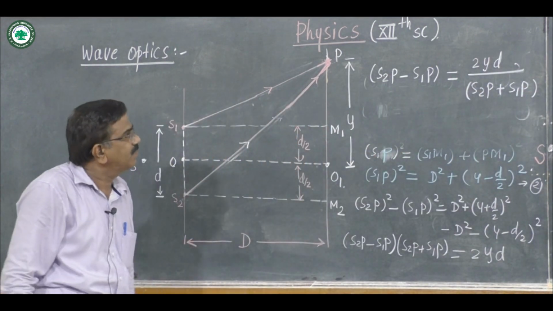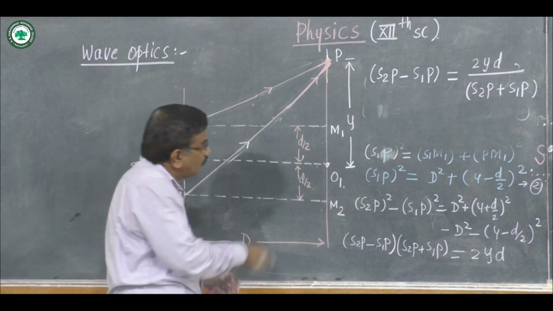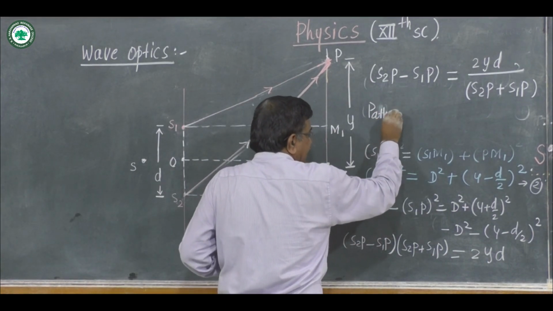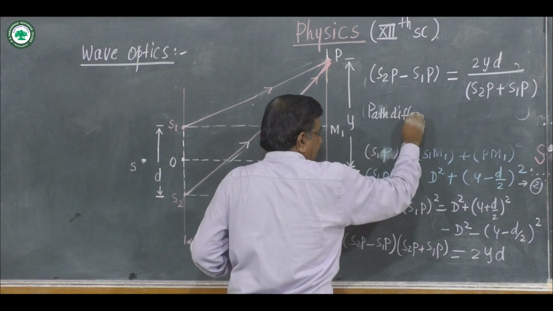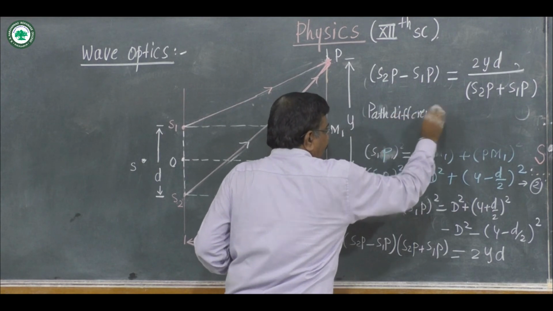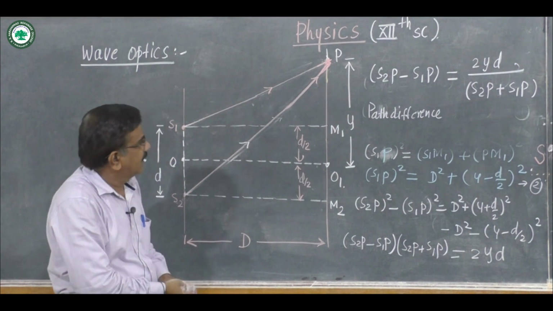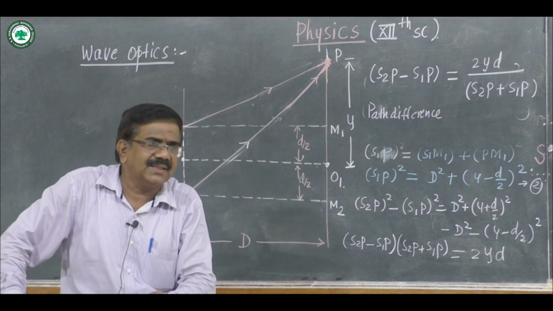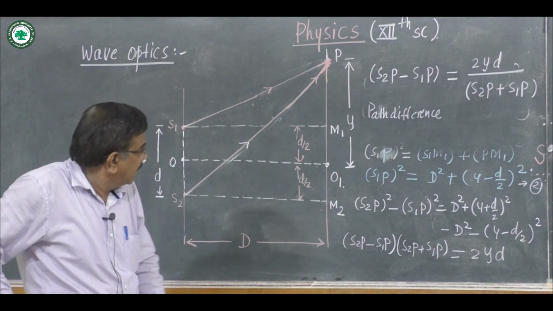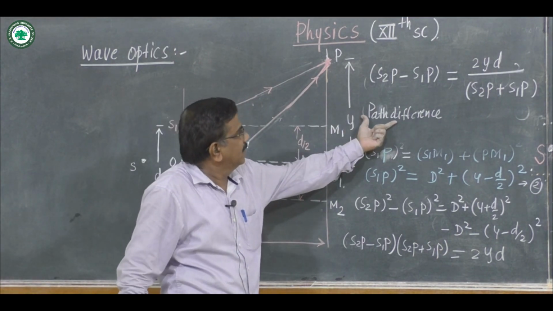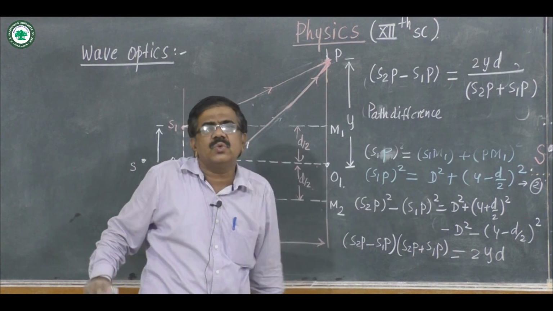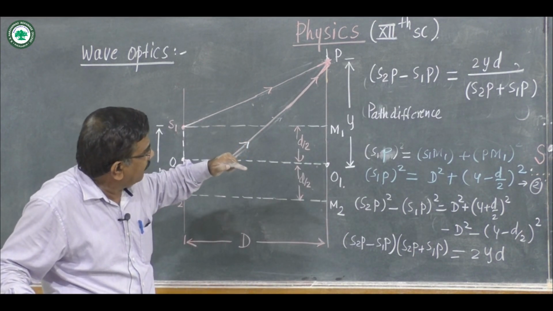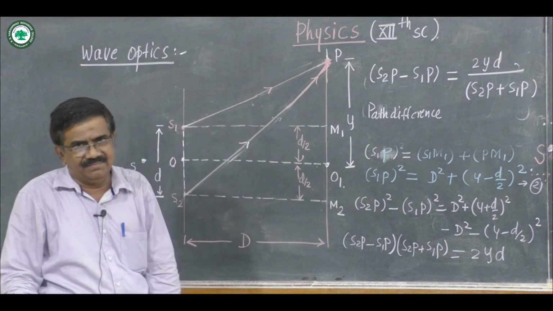And S2P minus S1P is nothing but the path difference between the waves reaching at point P, and that path difference is 2yd divided by S2P plus S1P.